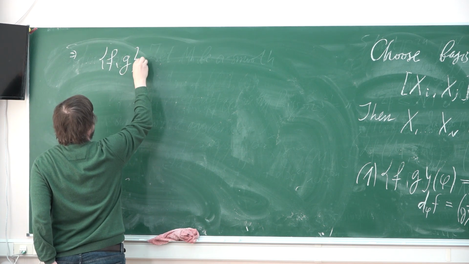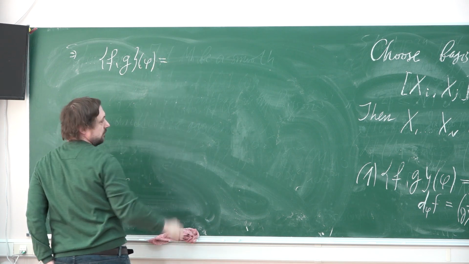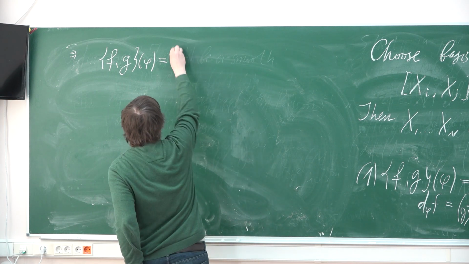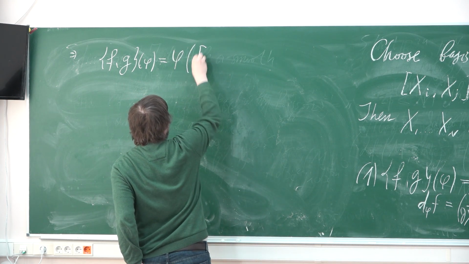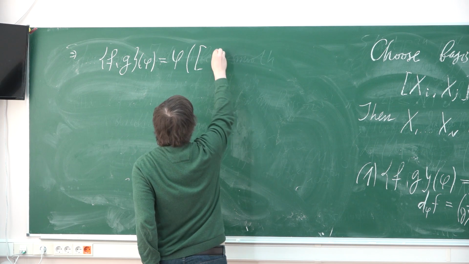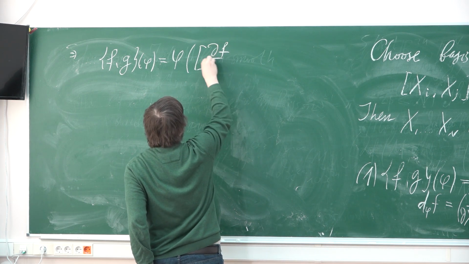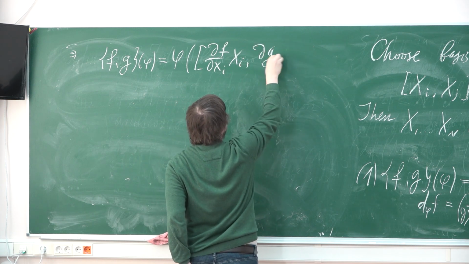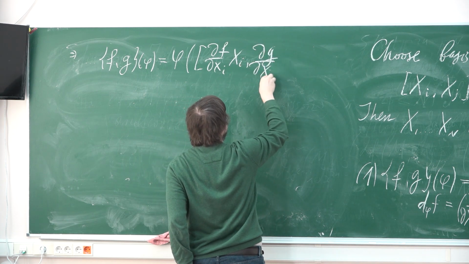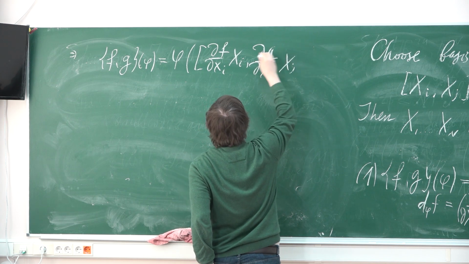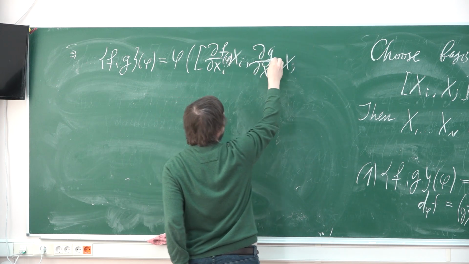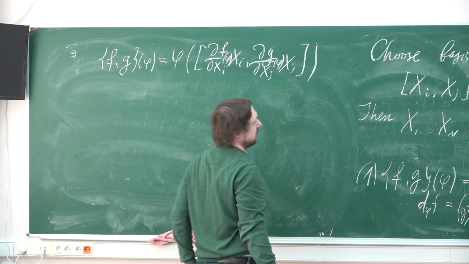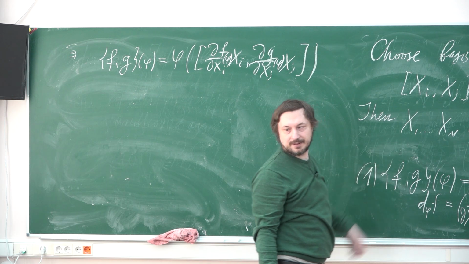So what is it equal to? First of all, it should be phi applied to the bracket of df dxi xi, dg dxj xj. And of course, the values here are taken at phi, and the bracket is taken in the sense of this formula, right?